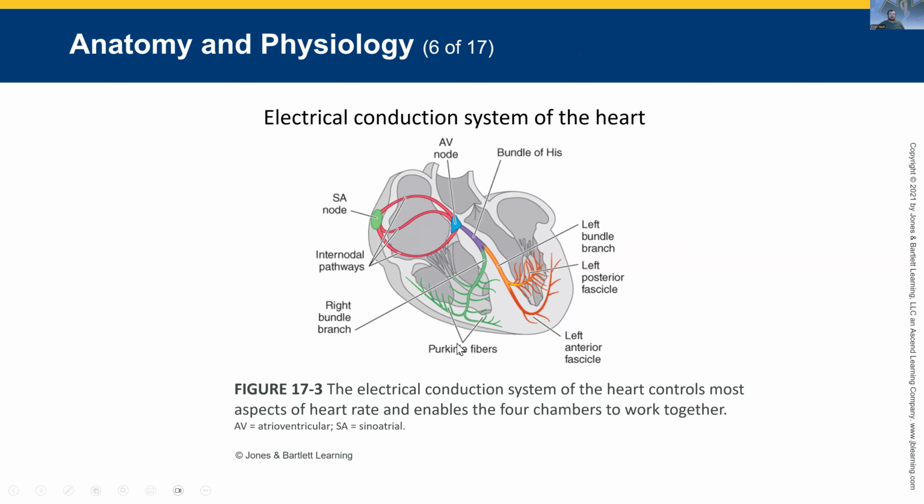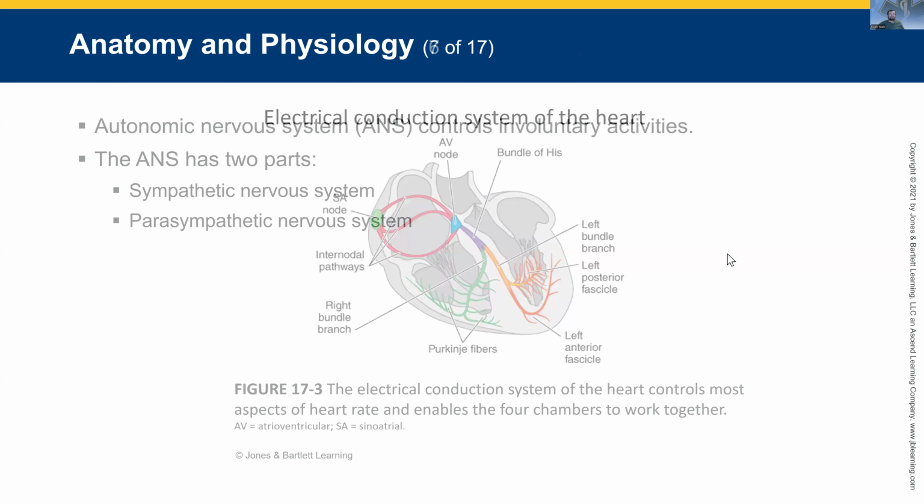And then it goes on further down to your Purkinje fibers, and your left anterior fascicle. I never can say that right, but the main thing you need to know is that the SA node produces your electric current, and that you do have an electrical system in your heart that produces that pumping action.